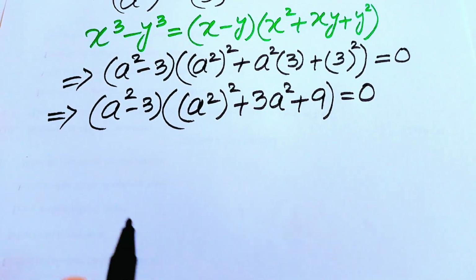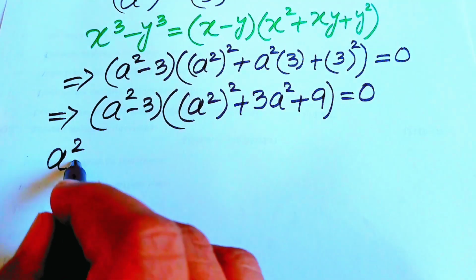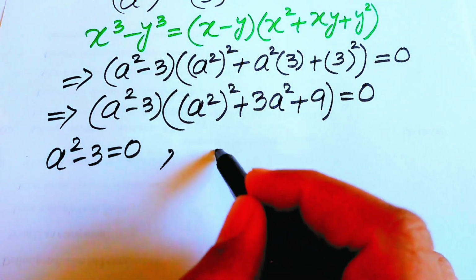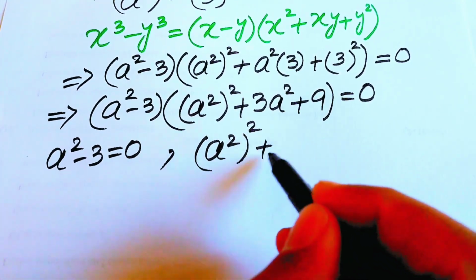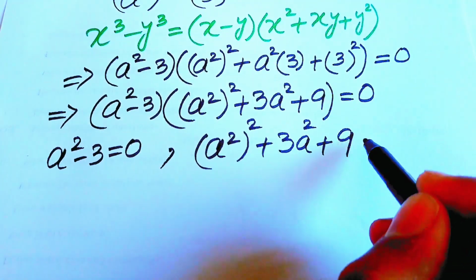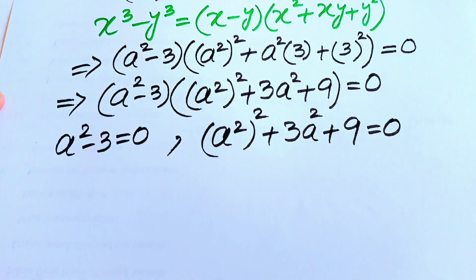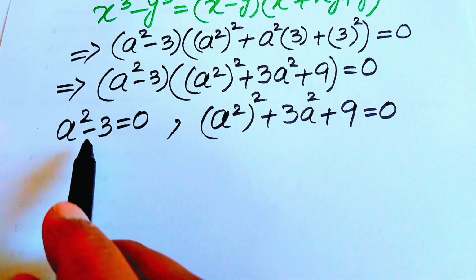And now we convert this into two cases. Our first case is a square minus 3 equals 0, and the second case is a square and its whole square plus 3 times a square plus 9, and this whole equals 0.